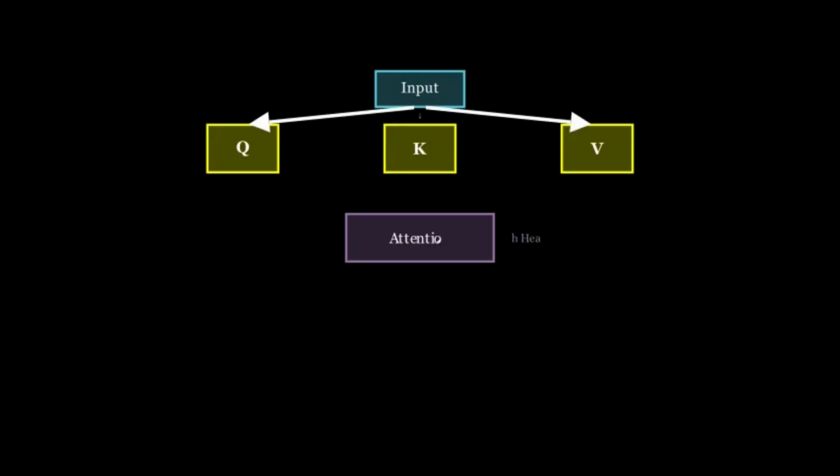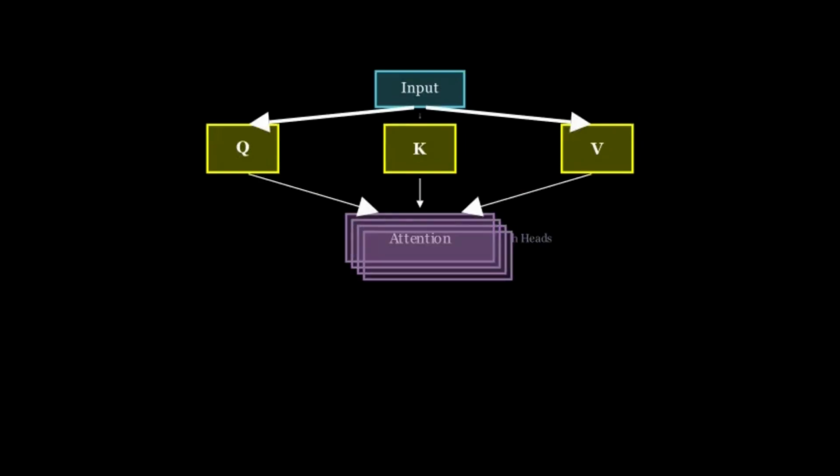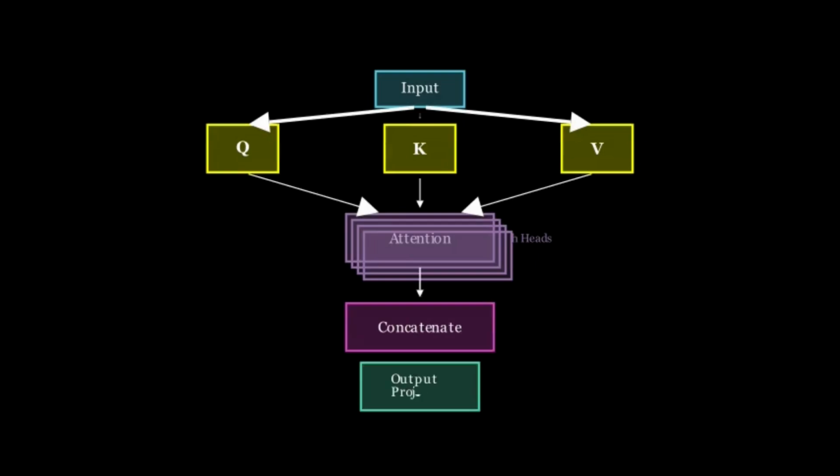The output QKV of these 3 layers is fed to the attention block with h heads. Then these h outputs of the attention block are concatenated and passed through an output projection block to get the final output.